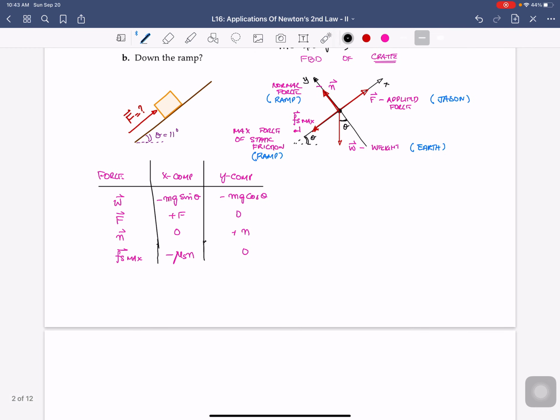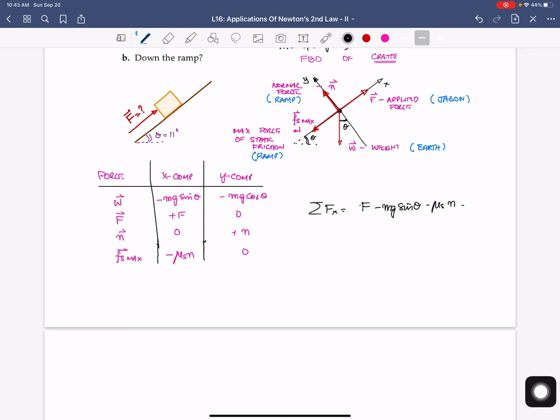Okay. Now the net force in the x direction is the sum of the x components of all the forces. So you have F minus mg sine theta minus mu sub s times the normal force. And remember, the crate is just about to move, so we are going to... minus, what did I get?